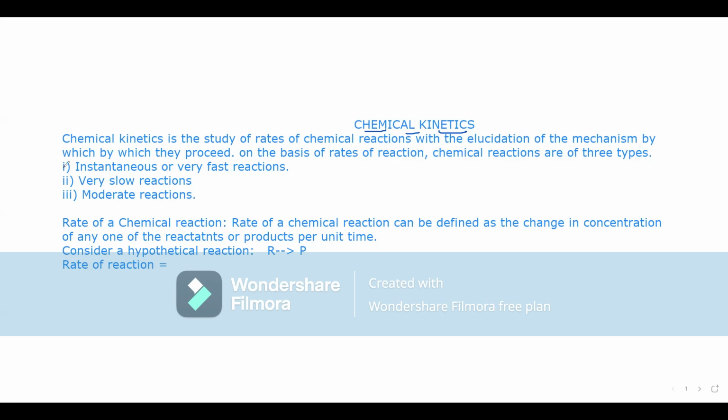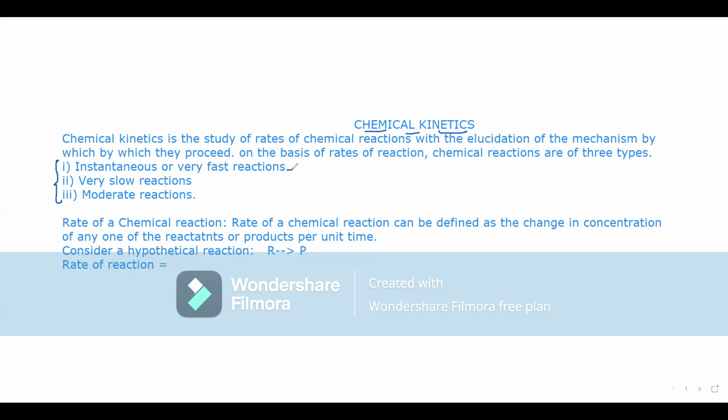Now, the chemical reactions are mainly classified into these three types. One, very fast reaction or instantaneous reaction. They're very fast reactions. Before even you could realize, the reaction is over. Say, for example, the salt analysis that we do in the lab.